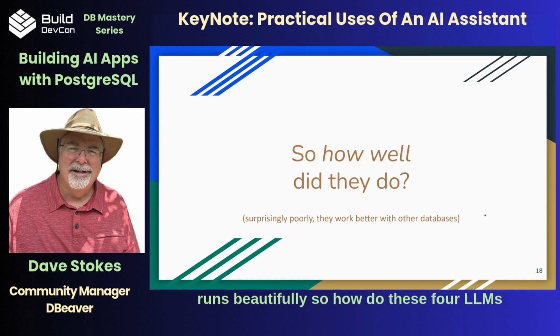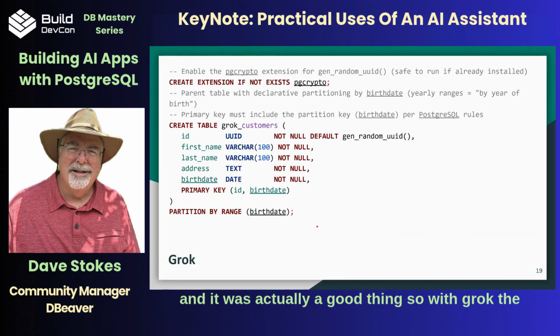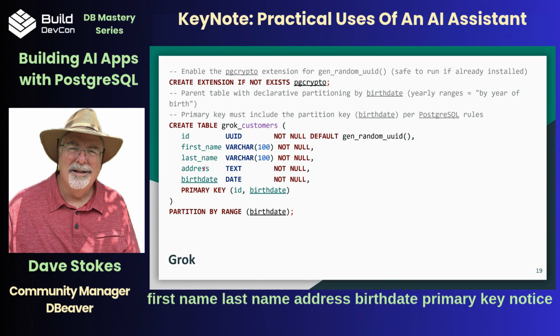So how do these four LLMs do now that I've asked them to create this database? Once again, I thought this would go a little bit better, but you'll see what happened. And it was actually a good thing. With Grok, the first thing it wants to do is enable PG crypto so it could create the random UUID. It does the extension, creates a table: ID, first name, last name, address, birth date, primary key.